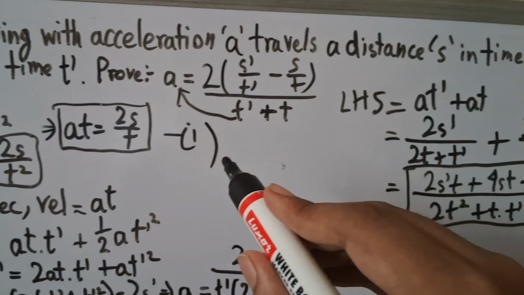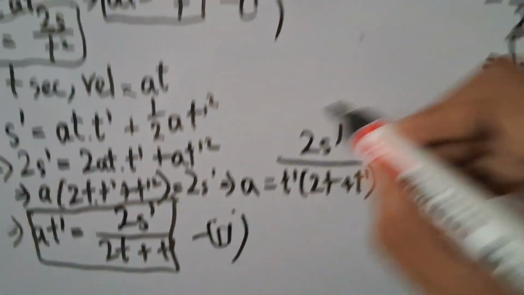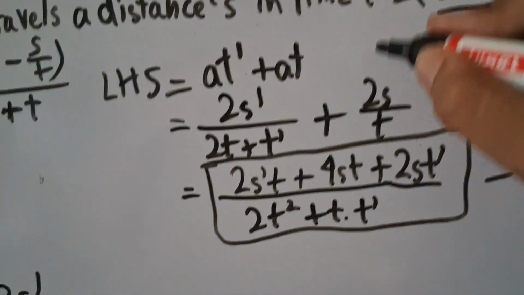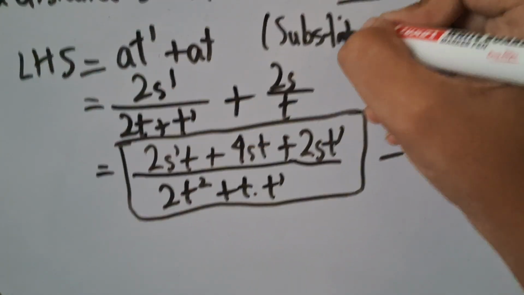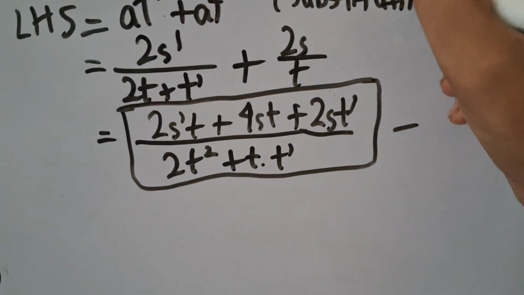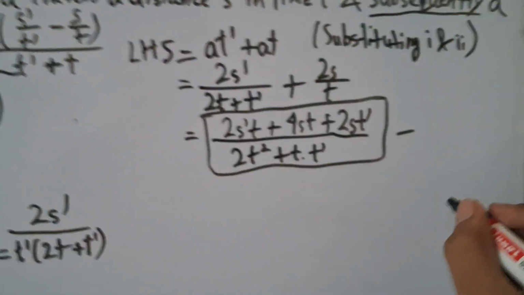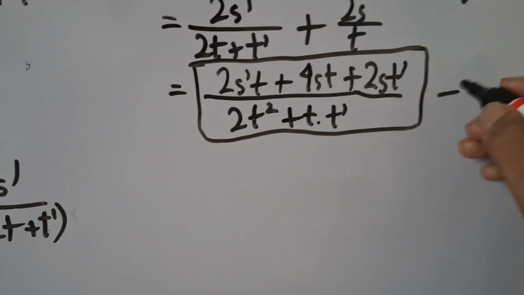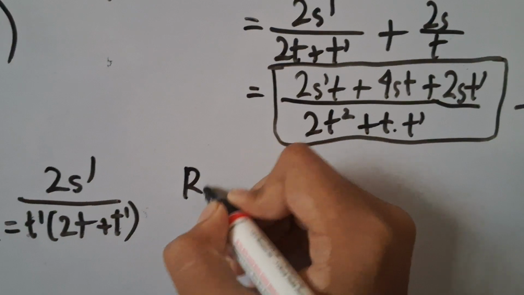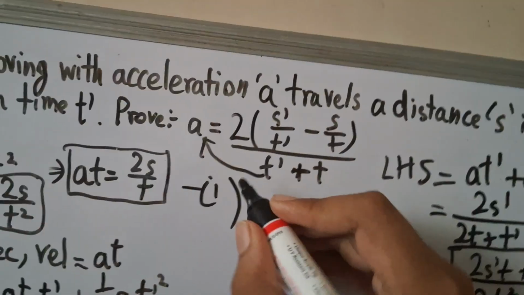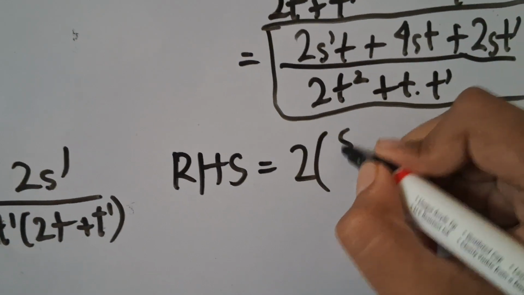This is equation 1, and this is equation 2. In case you're wondering what I did, I substituted equations 1 and 2. This is the LHS. What is the RHS? If anyone wonders what the RHS is, it's basically this, 2 into whatever this is. So first of all, write the initial form.